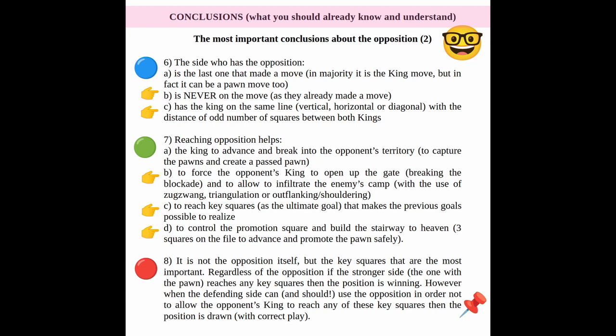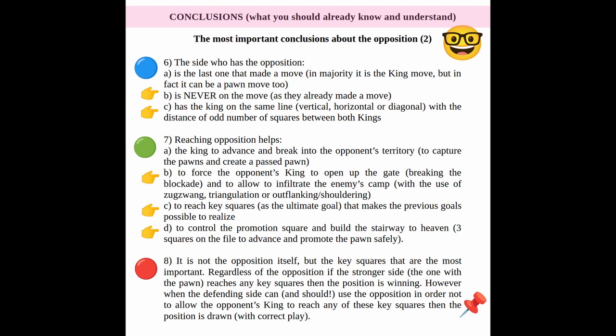Another idea is that the side who has the opposition is never on the move. Why? Because they have already made a move. And the last part is that the side who has the opposition has the king on the same line, as I just mentioned, either vertical, horizontal, or diagonal, with an odd number of squares between both kings.